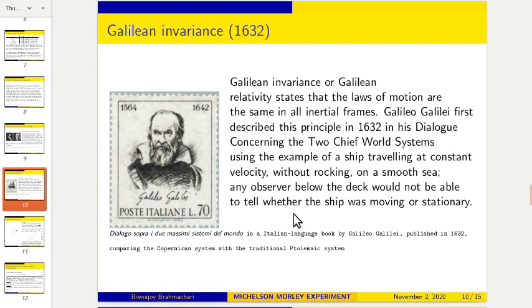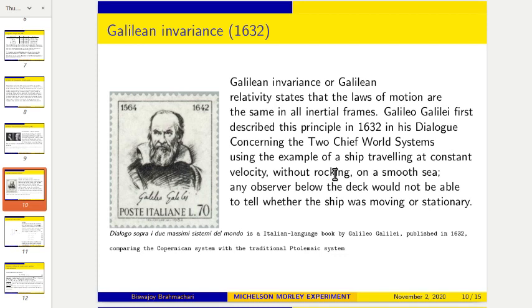So he observed that suppose you are playing badminton on the deck of a ship which is traveling at constant velocity without rocking. Then you can just play normally.